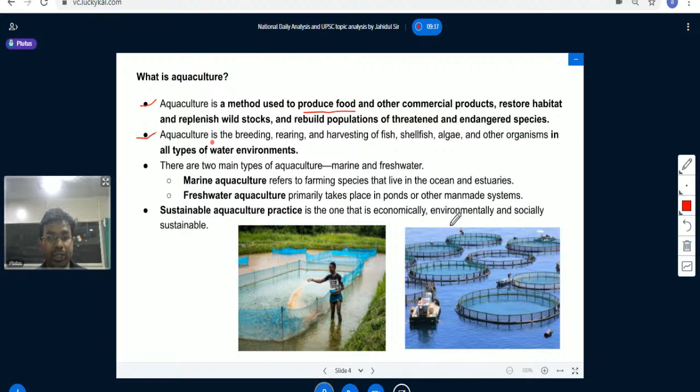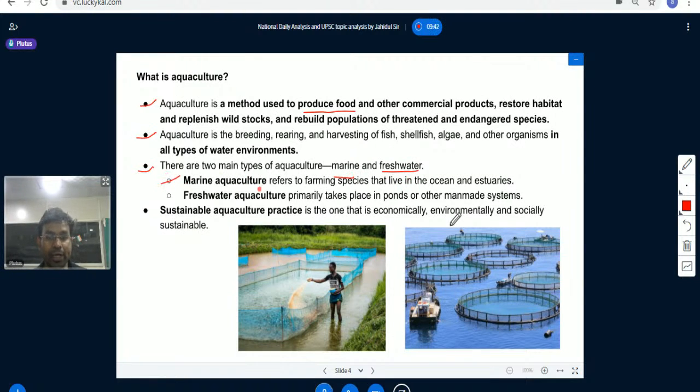Aquaculture is the breeding, rearing and harvesting of fish, shellfish, algae and other organisms in all types of water environment. There are two types of aquaculture: marine aquaculture and freshwater aquaculture.